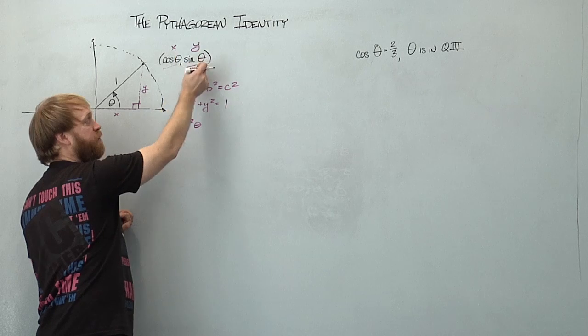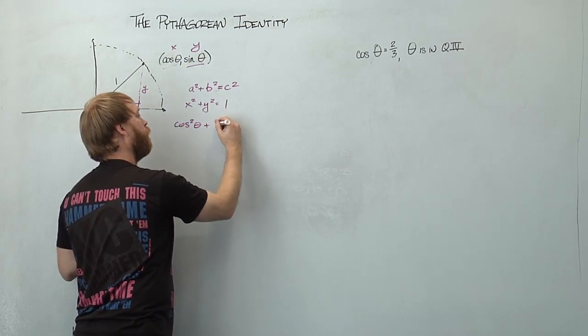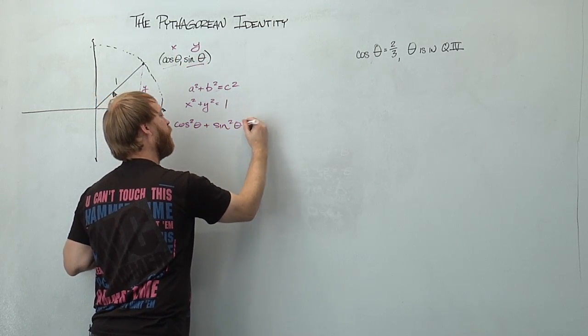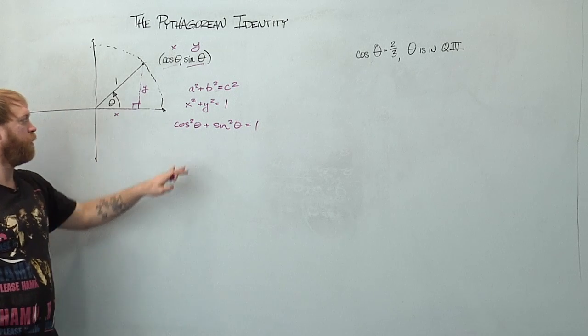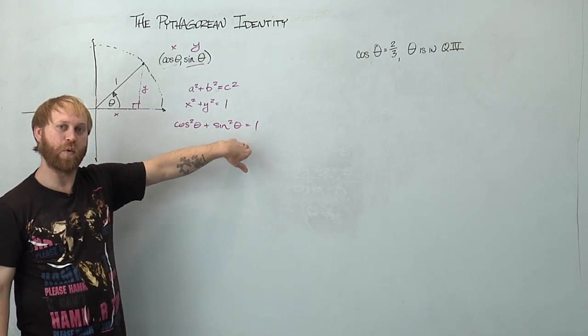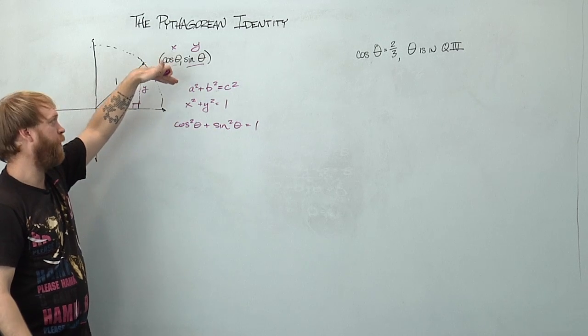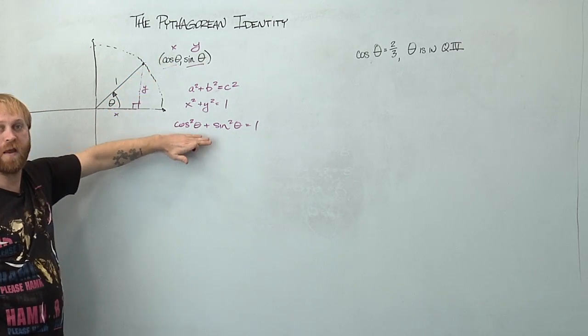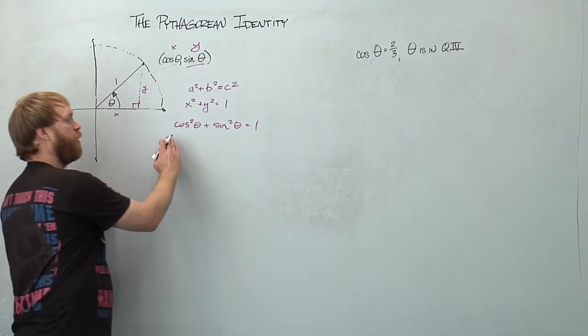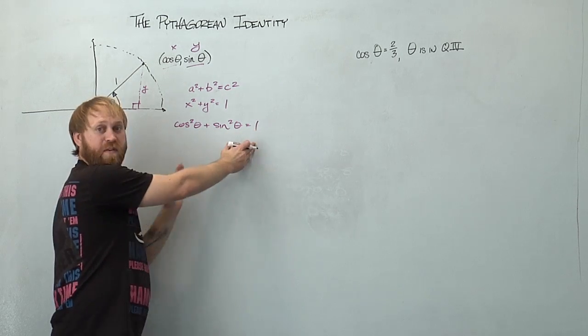And because y is the same as sine, then I can replace that with sine squared. So cosine squared plus sine squared equals 1. Because it's so related to the Pythagorean theorem, this is called the Pythagorean identity. So cosine squared plus sine squared always equals 1.